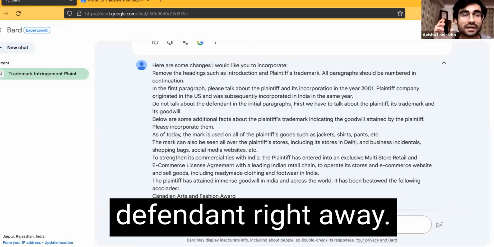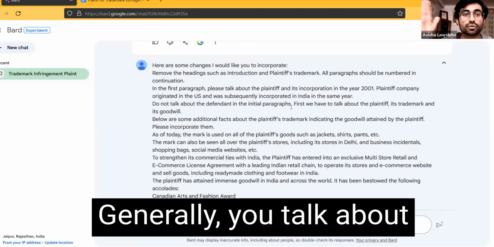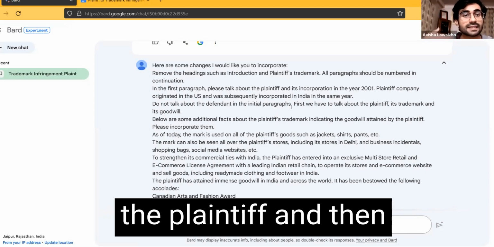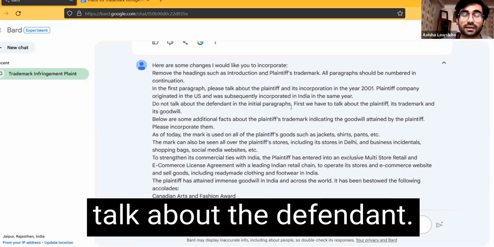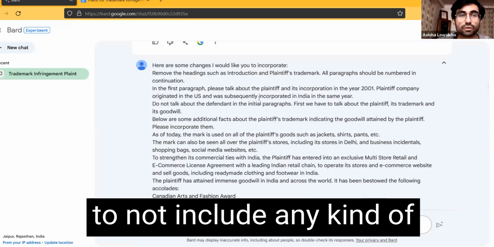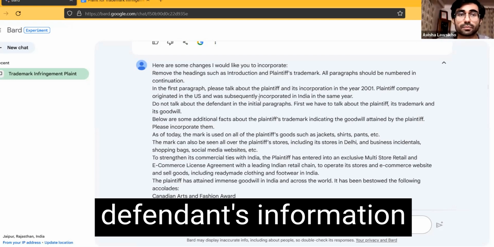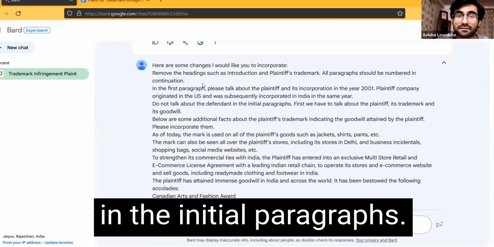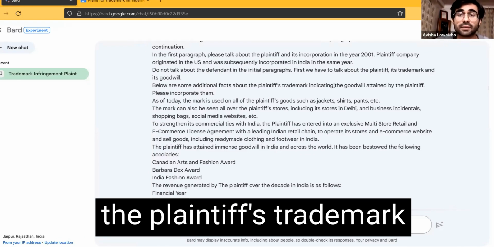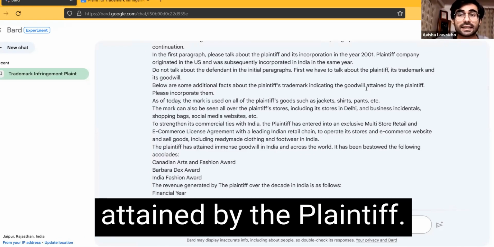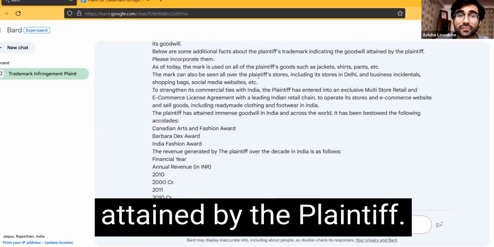So you don't talk about the defendant right away. Generally, you talk about the plaintiff, and then once you're done talking about the plaintiff and their trademark, then you talk about the defendant. So I specifically asked it to not include any kind of defendant's information in the initial paragraphs. Below are some additional facts about the plaintiff's trademark, indicating the goodwill attained by the plaintiff.